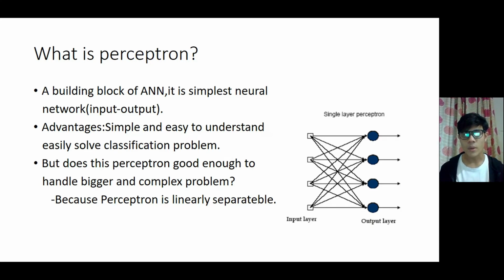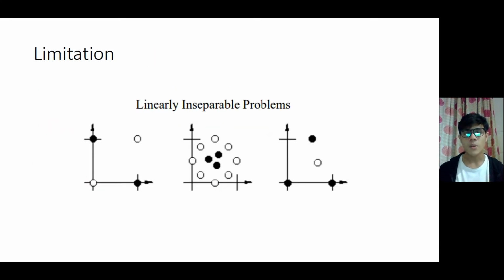That's when the perceptron has its own limitation, where the data is not linearly separable. Like in this problem, you can see that for a perceptron we can't actually use one line to separate these two data. That's where the drawbacks of a perceptron come in.